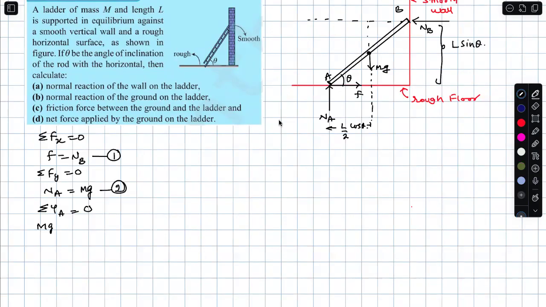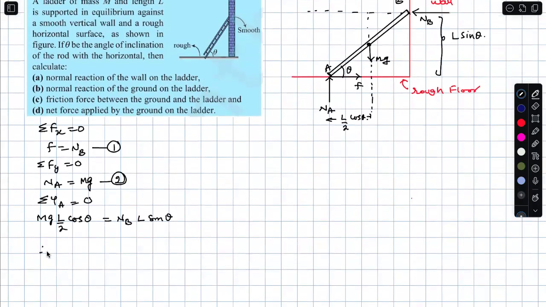Because mg times L by 2 cos theta is the torque of the weight force, and this is in clockwise sense. Whereas NB times L sin theta is the torque of the normal reaction, which is in anti-clockwise sense. So finally, I can write NB as mg by 2 cot theta.